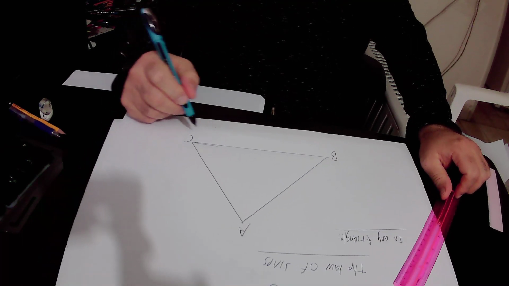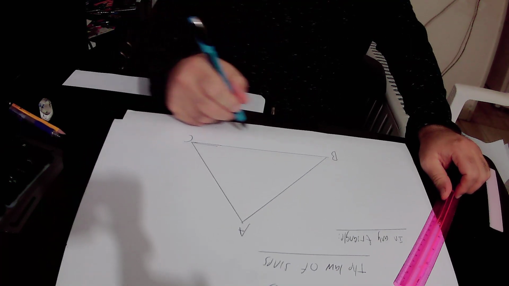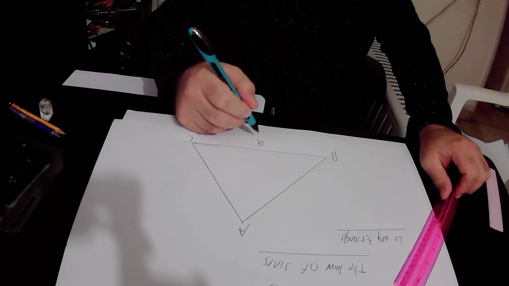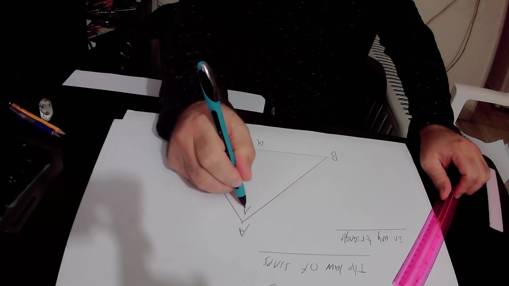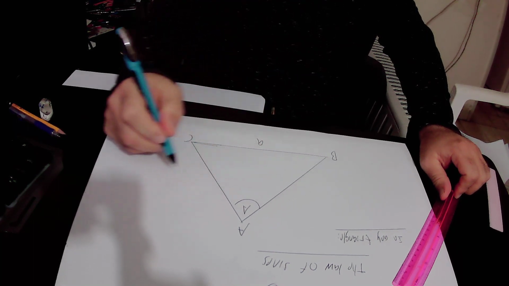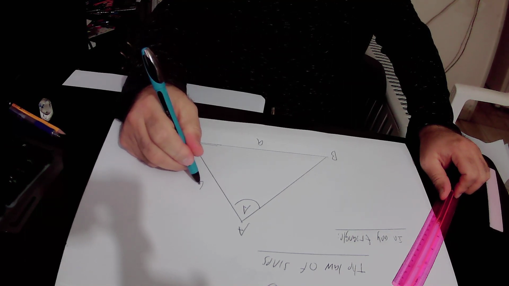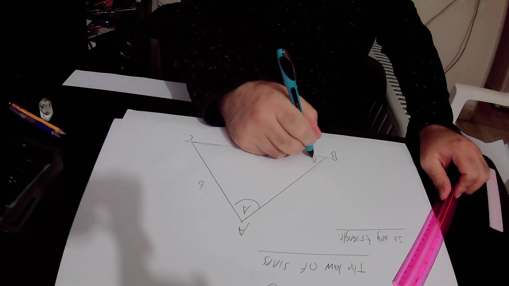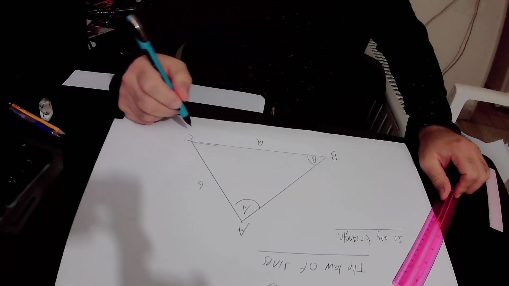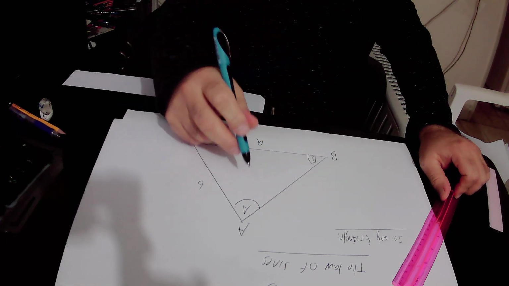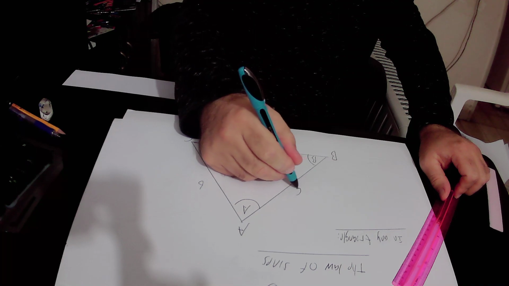we know that side BC of triangle ABC equals A units in its length. This is angle A. Side AC of triangle ABC equals B units in its length. This is angle B. And side AB of triangle ABC equals C units in its length.